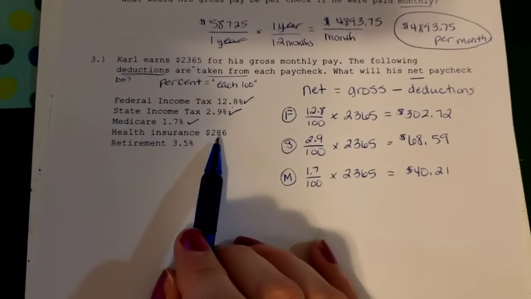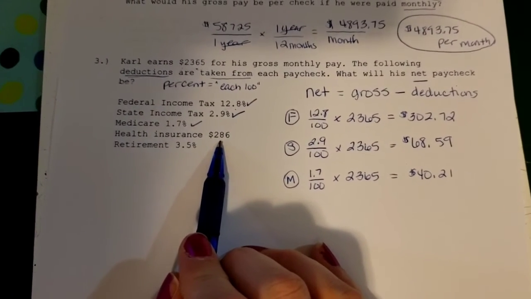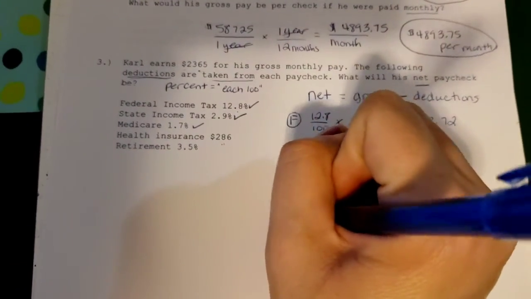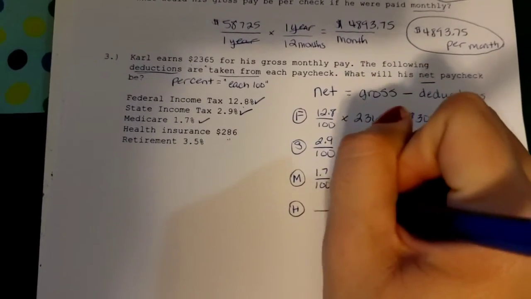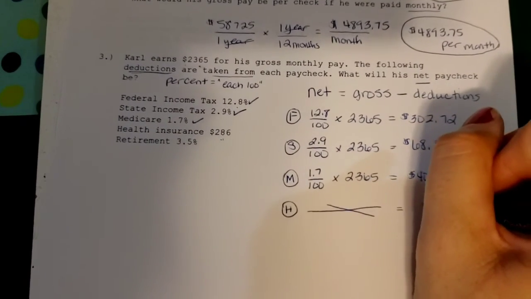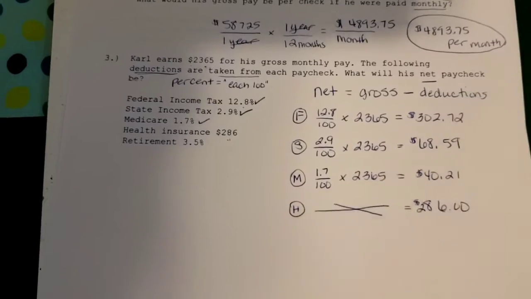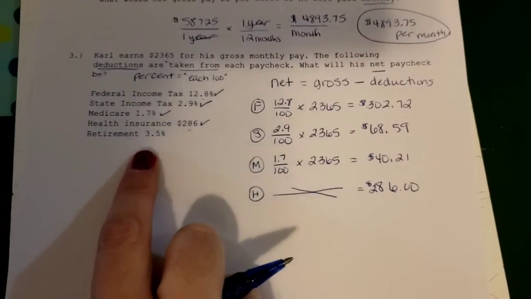Now we have health insurance. Notice health insurance is already dollars, so I'm not going to do any converting. I want to include that with my deductions, but I don't have to do anything here. I can just say that his health insurance is $286. And then the last thing is his retirement.